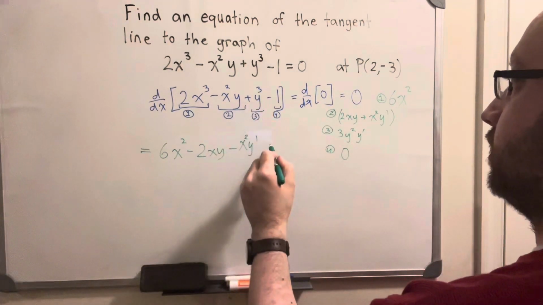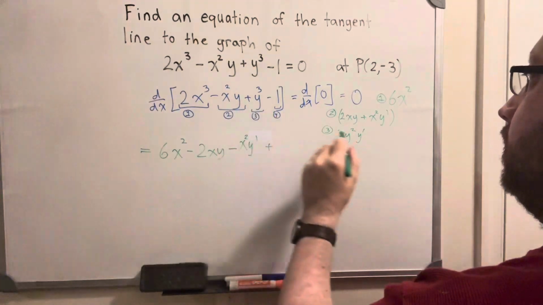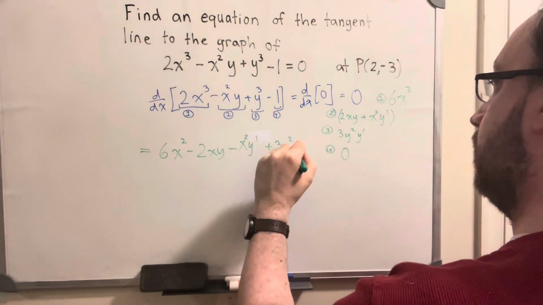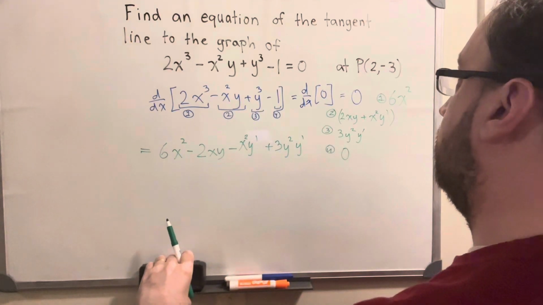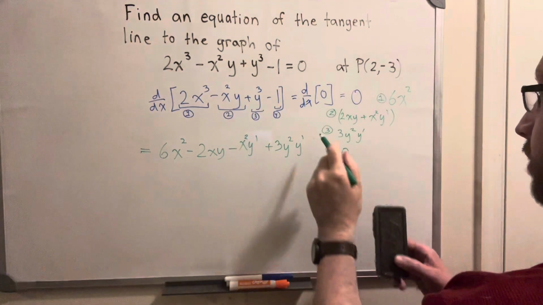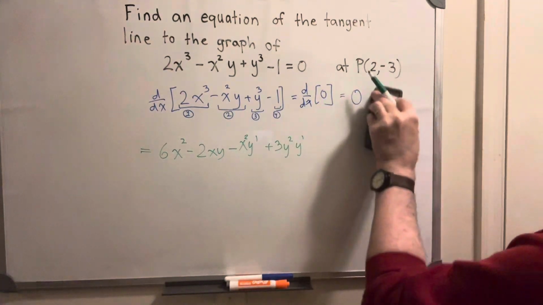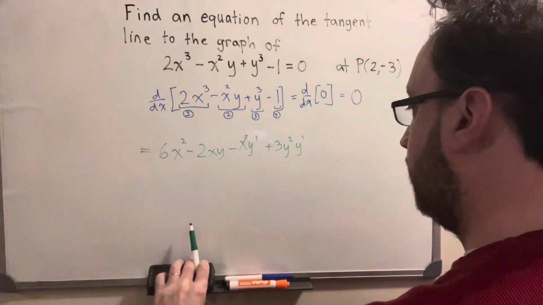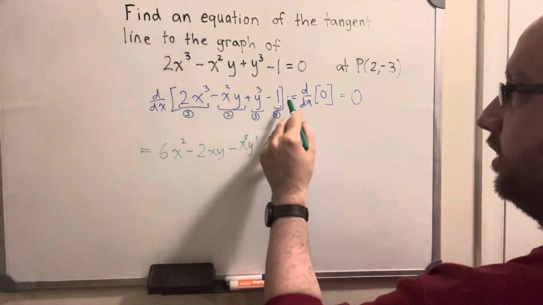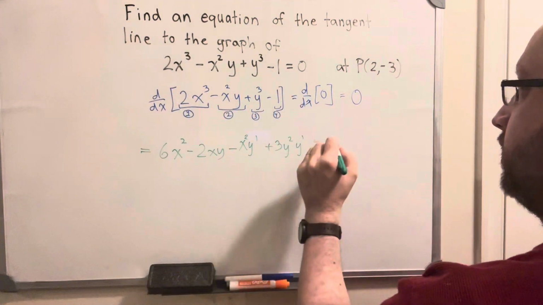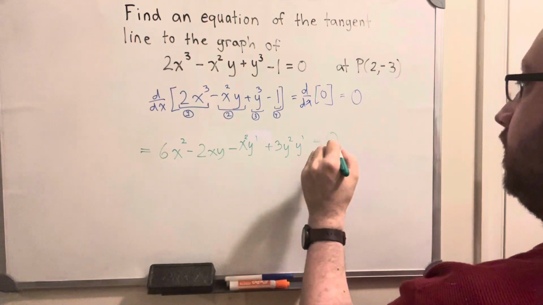This is plus 3y squared y prime. I'm not going to write plus 0. Now we're saying that all of this side is equal to this side, which is equal to 0.